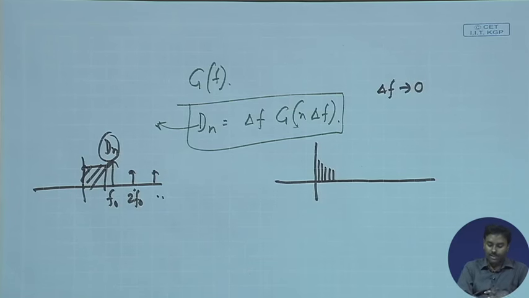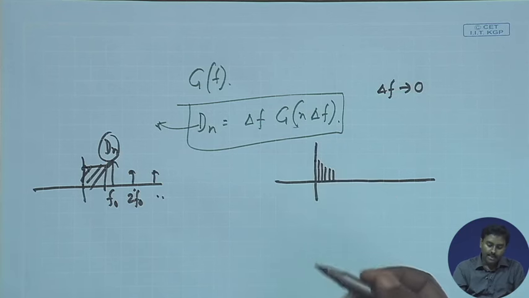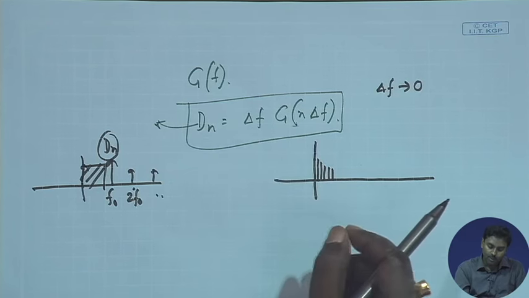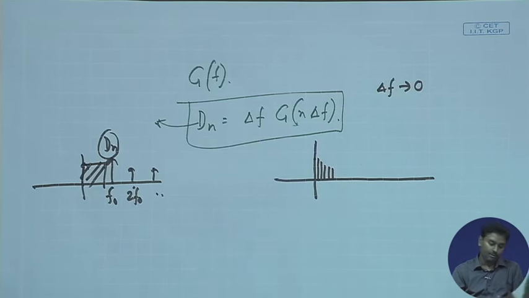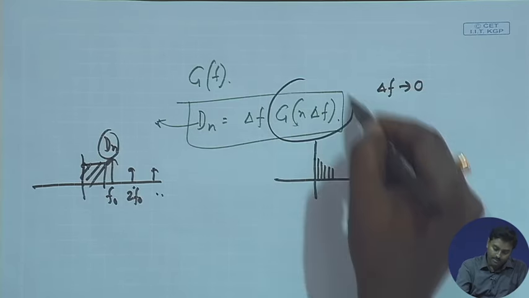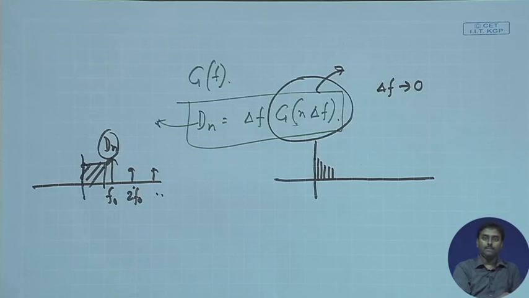As del f goes to 0, these are becoming closely packed. So, I am getting a continuous spectrum, and the corresponding d_n's are vanishing, because they are multiplied by del f. As del f becomes smaller and smaller, the corresponding values vanish, but the G still has a relative strength.